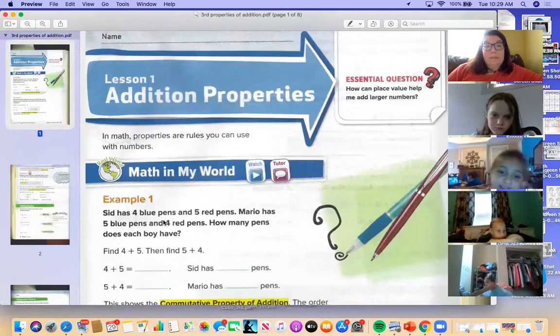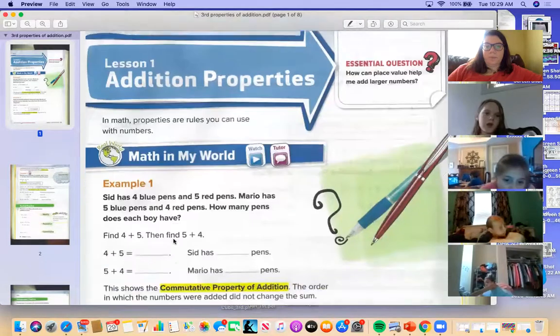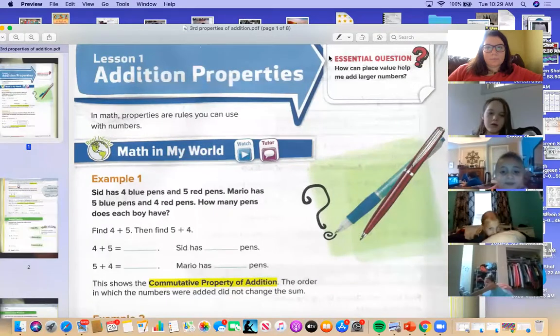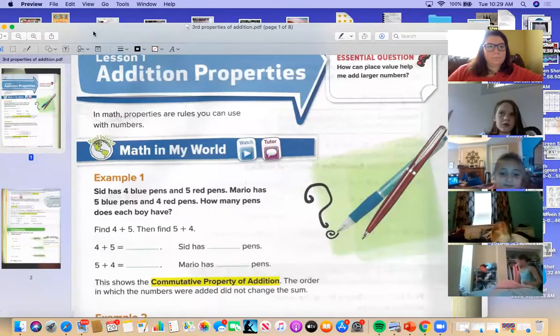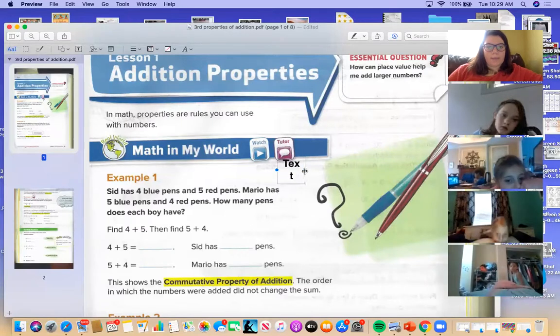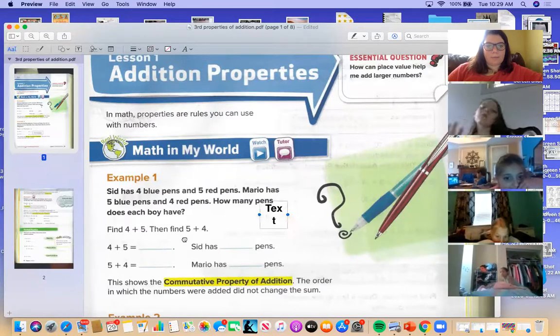So properties are rules you can use with numbers. We remember that, hold on, let me get my, it's not going to let me move it, there we go.